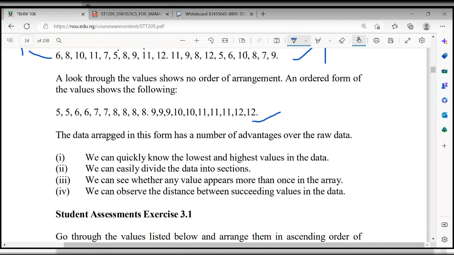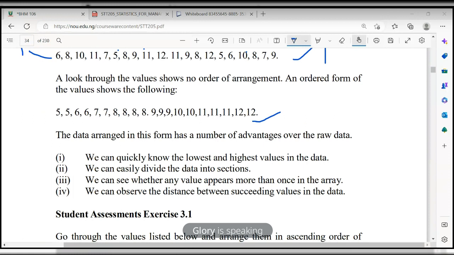So here they told us that data arranged in this form has a number of advantages over raw data. I'm going to invite one of us to read for us. Okay, Miss Gloria can read for us. The data arranged in this form has a number of advantages over the raw data. One, we can quickly know the lowest and the highest value in the data.